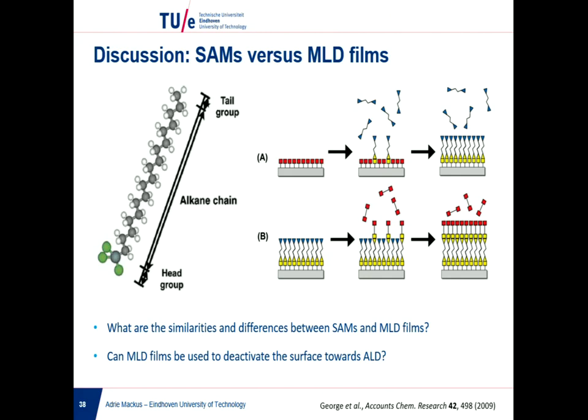Anyone here in the back? So you need a nicely ordered monolayer. And I also showed you that you need a certain length. So what do we need to do there? Yeah, so you can do a few cycles to make sure that it's long enough and that you have a nicely ordered monolayer.